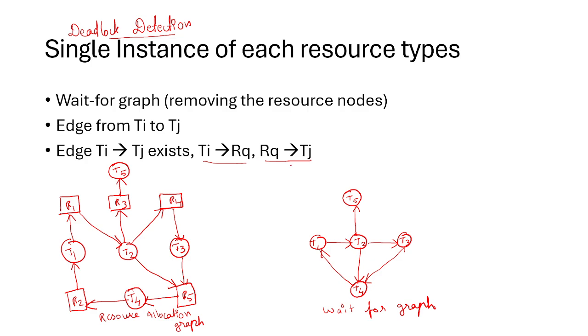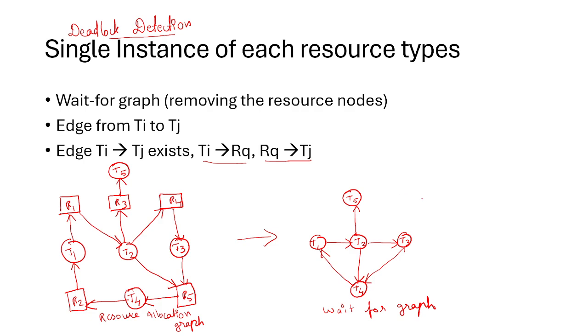Consider this resource allocation graph. In this resource allocation graph we have removed all the resources, so we get this wait-for graph, which corresponds to this resource allocation graph.